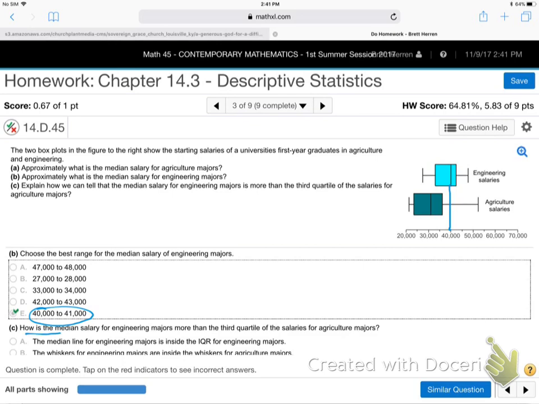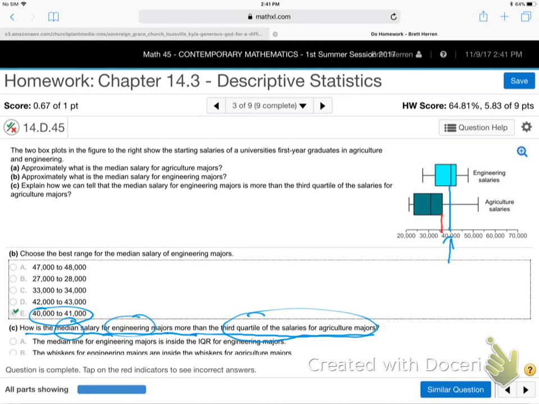Next question. Is the median salary for engineer majors more than the third quartile for ag majors? Is the median for engineers, that'd be right here, right? That's the middle for engineers. Is it more than the third quartile for ag? Where's the third quartile for ag?